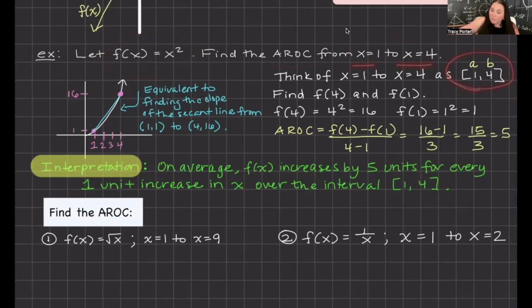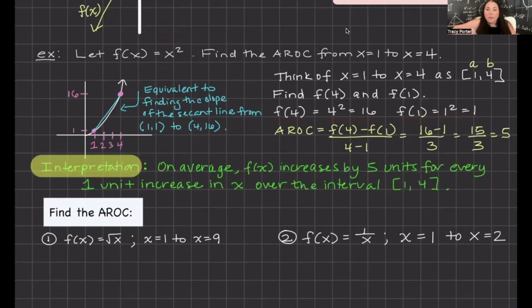So we want to find f of 4 and f of 1. You need to find the function values at each of those x values, by plugging each of those values back into f of x. So f of 4 is going to be 16, 4 squared. And f of 1 is going to be 1, or 1 squared.